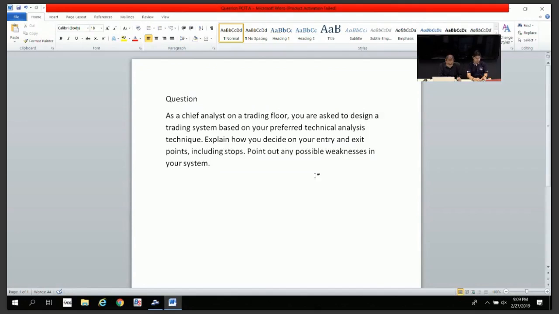Just that in the exam, Turtle is not as desirable as modified Donchian. Donchian is an acceptable name. Modified in the sense that instead of 20/20, we all know that Donchian is 20/20, yes? Buy if the close is above the highest high of the last 20 bars, and sell if the close is below the lowest low of the last 20 bars. Instead of 20/20, we use 20/10.